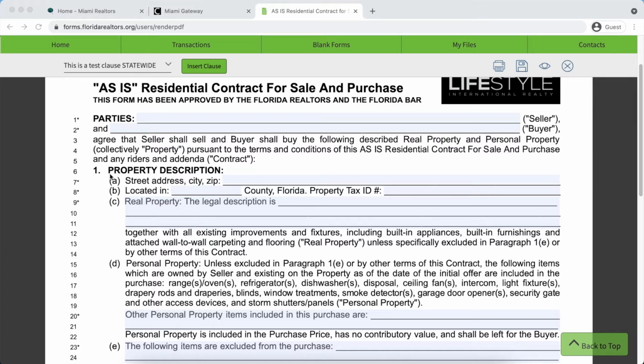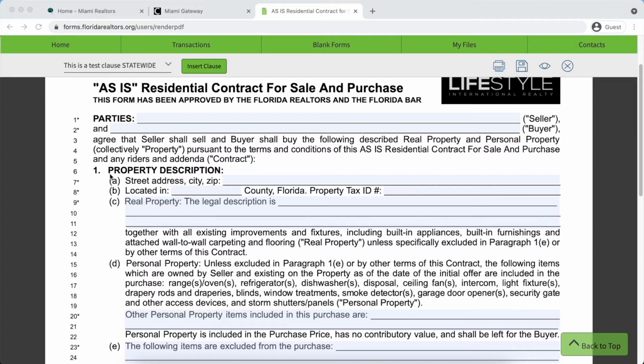The property tax ID, just imagine that it's like your social security number. Every property has a tax ID number, which is synonymous with folio number. So if you see folio or tax ID, it's the same thing. That's the number that identifies that particular parcel and that particular property.